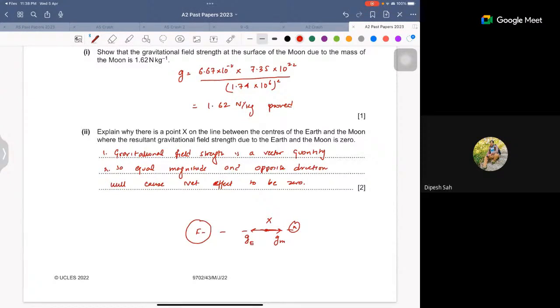Because they're vector quantities, when you add them up, they give you a net gravitational field strength of 0. Okay. Okay, sir.